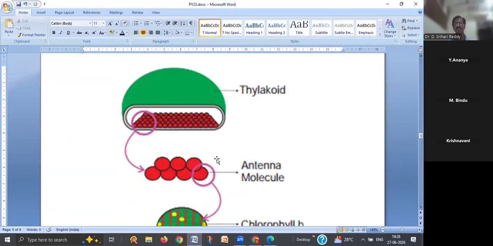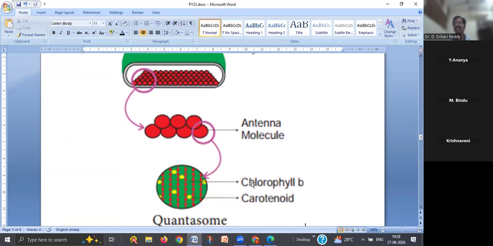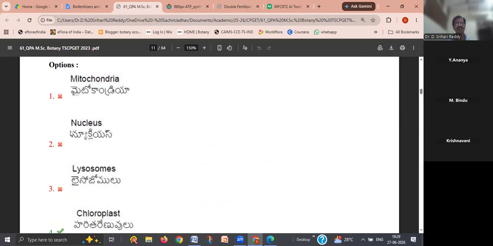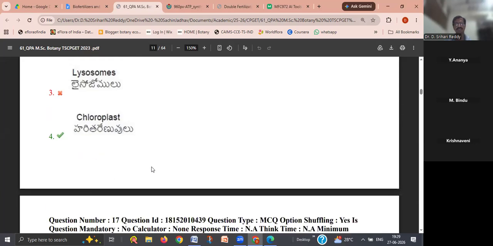In the thylakoid membranes, all the pigments, lipids, proteins form a complex structure that is called as quantasome. These are called as structural and functional unit of the photosynthesis. So that is the right answer. Quantasomes are found not in mitochondria, not in nucleus, not in lysosome. They are found in thylakoid membranes of the chloroplast.